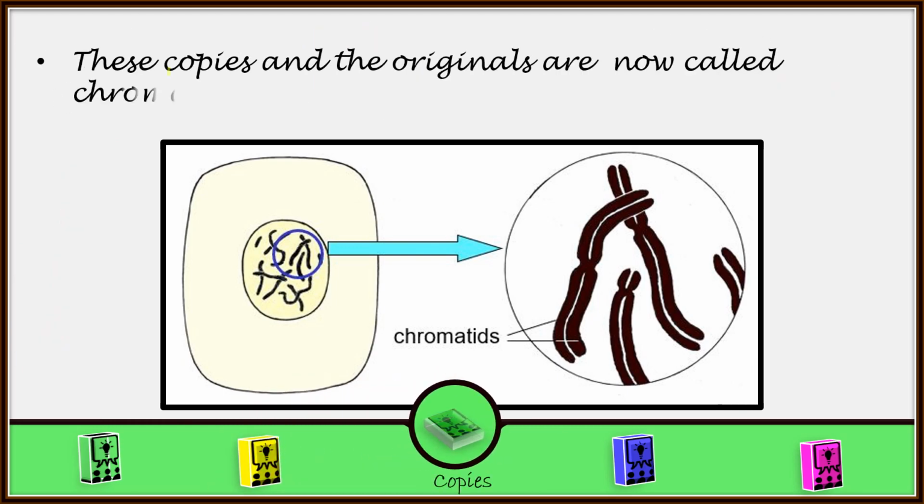The copies and the original are also called chromatids. For example, here we have this one and this one, so we call them chromatids.